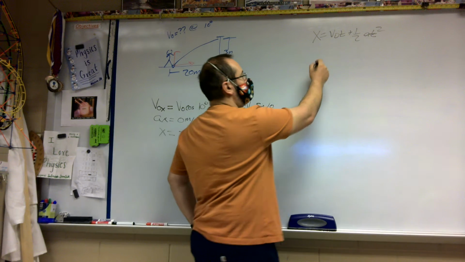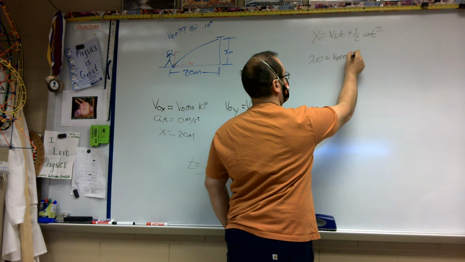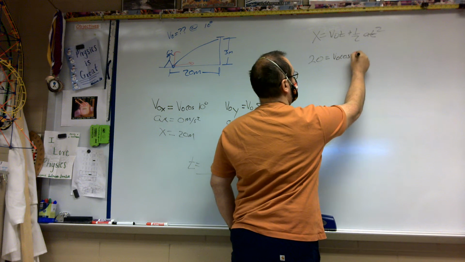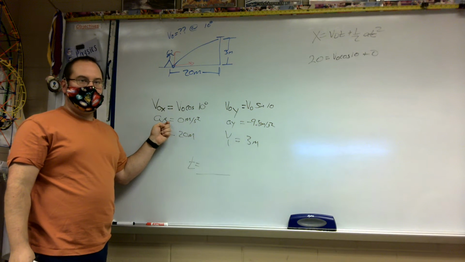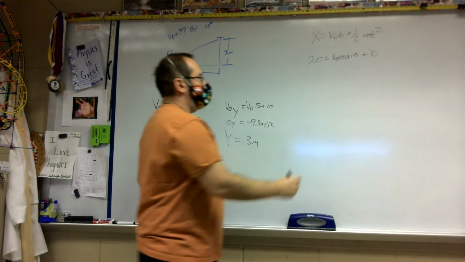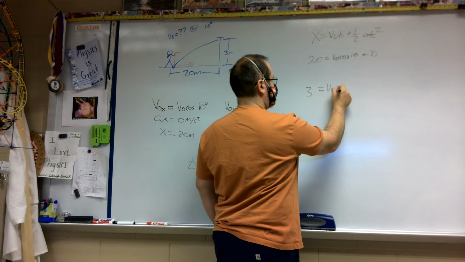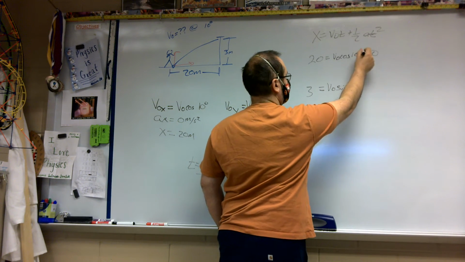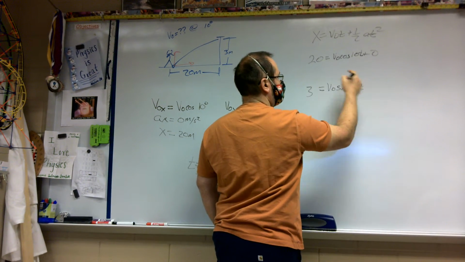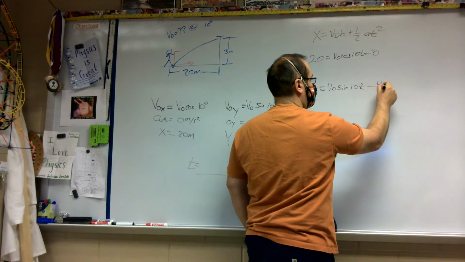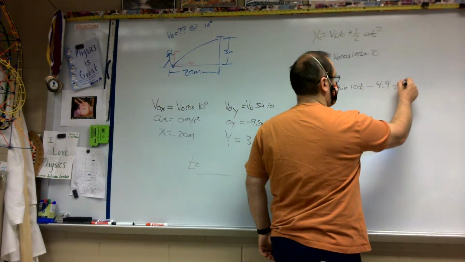The x equation would be 20 is equal to v initial cosine of 10 times t plus 0, because the acceleration is 0, so that whole term goes to 0. The y equation would be 3 is equal to v initial sine theta times t, minus 4.9, half of 9.8, times t squared.